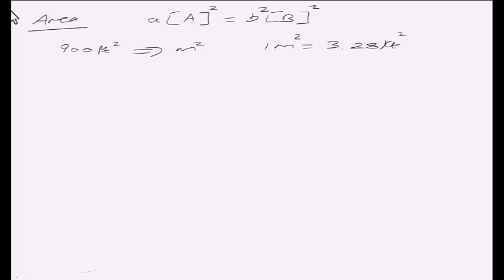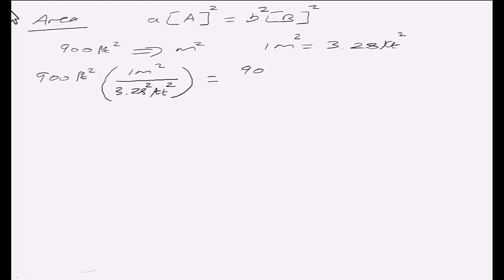And so we write out our problem. 900 feet squared, we're going to multiply by our conversion, 1 meter squared, 3.28 feet squared, but this time you must remember to square both the unit and the conversion factor.